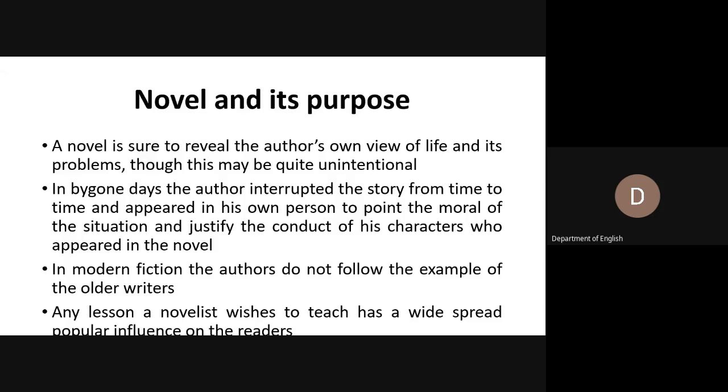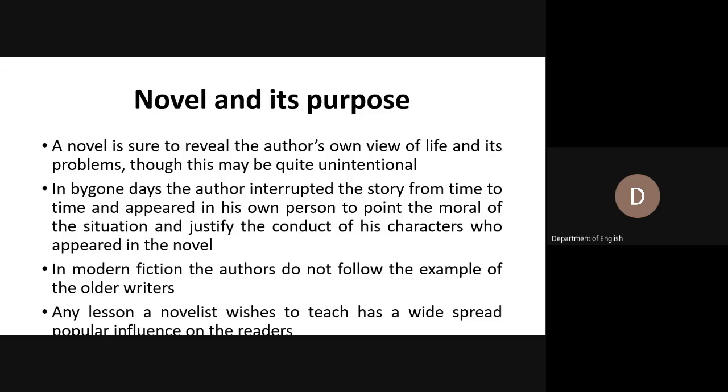Now we learn the novel and its purpose. A novel is sure to reveal the author's own view of life and the problems that come through it, though this may be quite unintentional.